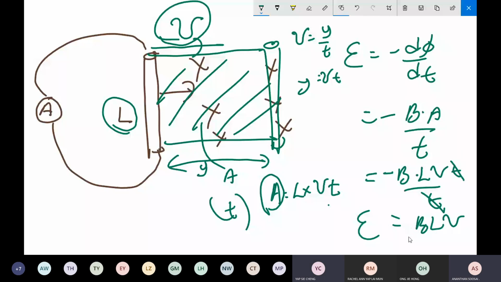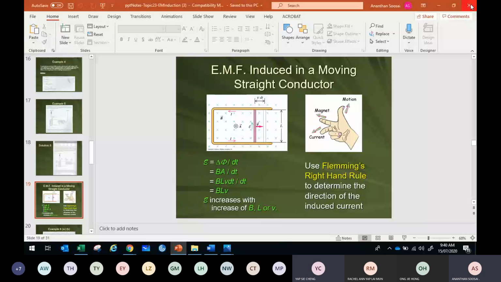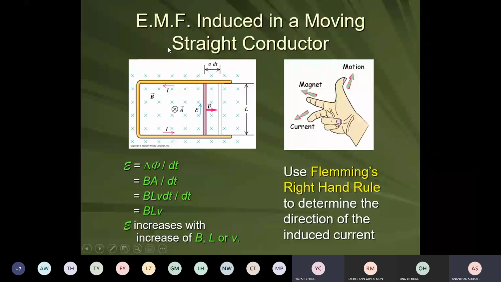So the EMF generated in a conductor depends on how strong the magnetic field is, how long the conductor is, and how fast you move it forward. So that's what is described here.